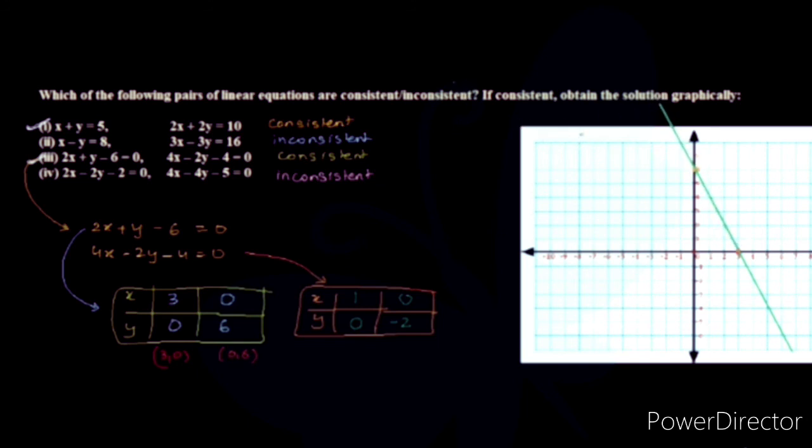Alright, like that. And what about the second equation, giving you coordinates 1 comma 0 and 0 comma negative 2, right? So 1 comma 0, again it's on the x axis here, this black point, and 0 comma negative 2 on the y axis here. Let's pass a line through these two. Alright, so let's choose sky blue color.